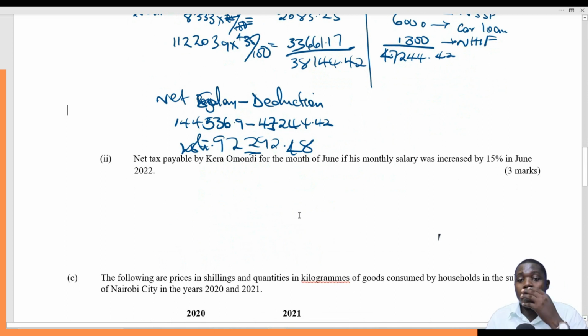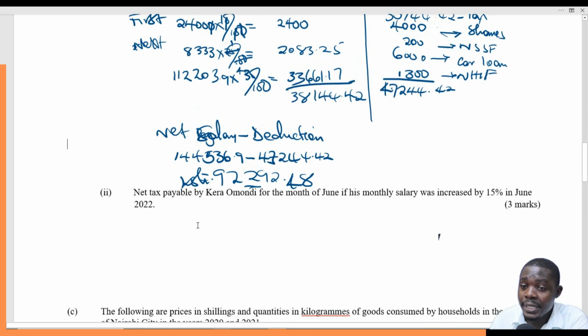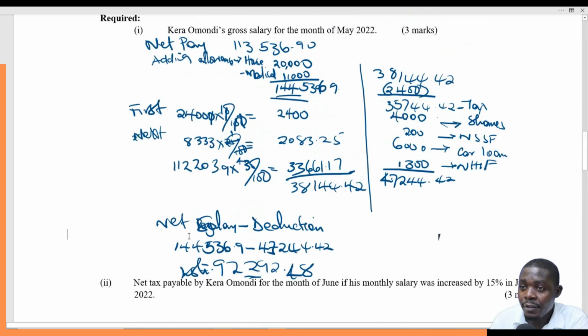Question 2, you are asked the net tax payable by Karam Omondi for the month of June if his monthly salary was increased by 15% in June. Right now we are going to increase the salary by 15%.